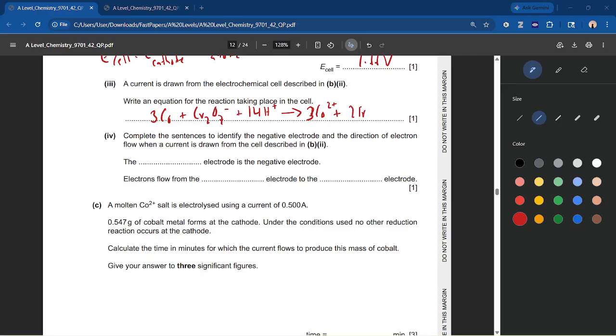So chromium is at 3 plus, and of course water, 7H2O.